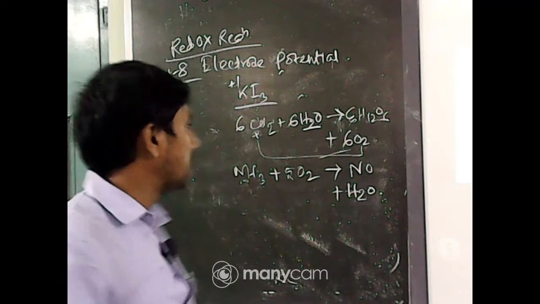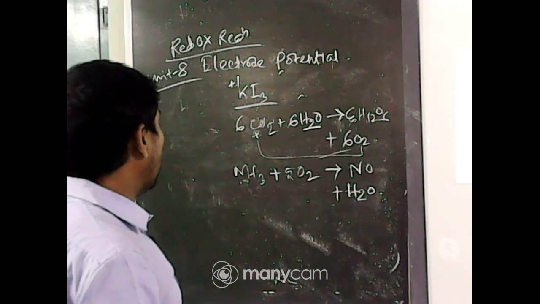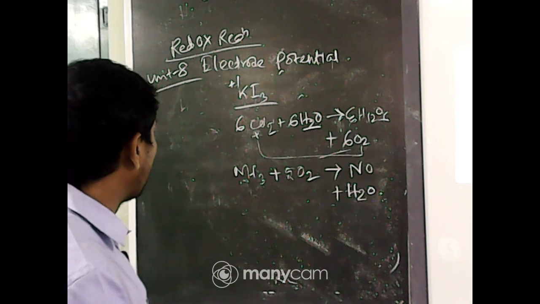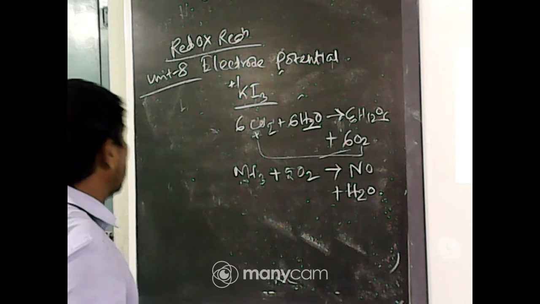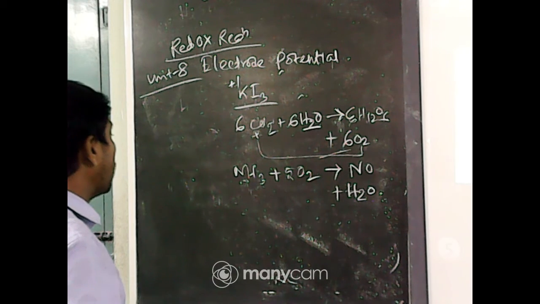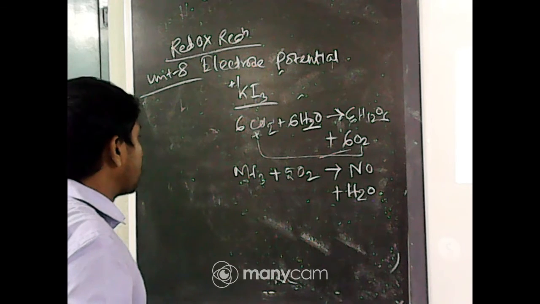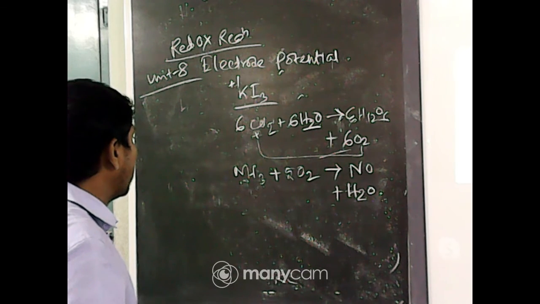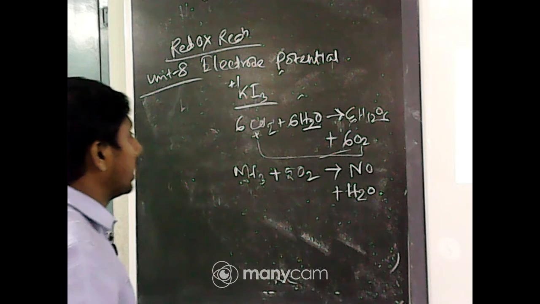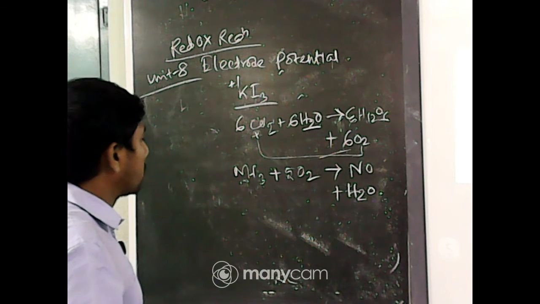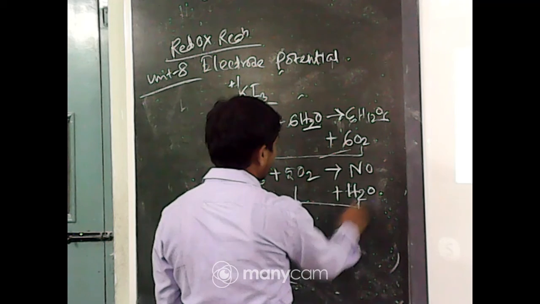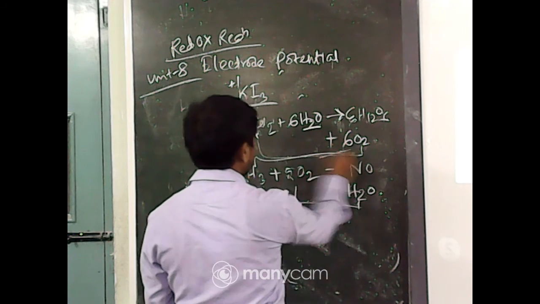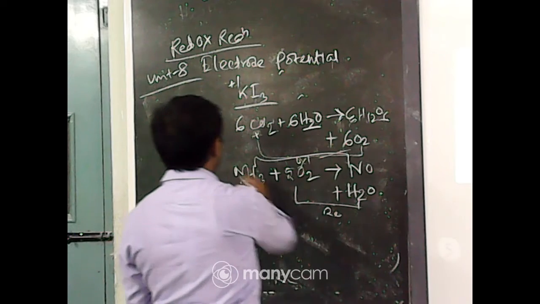Now this one is easy. The first one was the oxidation reduction reaction, the second one NH3 to NO. Now hydrogen is eliminated from NH3 to form NO and oxygen has been added. Both of these, it is the oxidation, and in the second one hydrogen has been added with oxygen, this is the reduction. So this part is the reduction and this part is the oxidation. So it is a redox reaction.